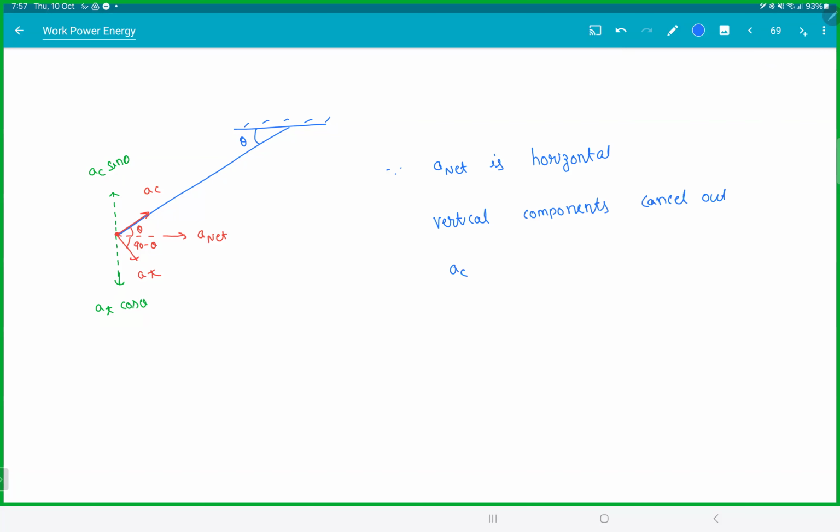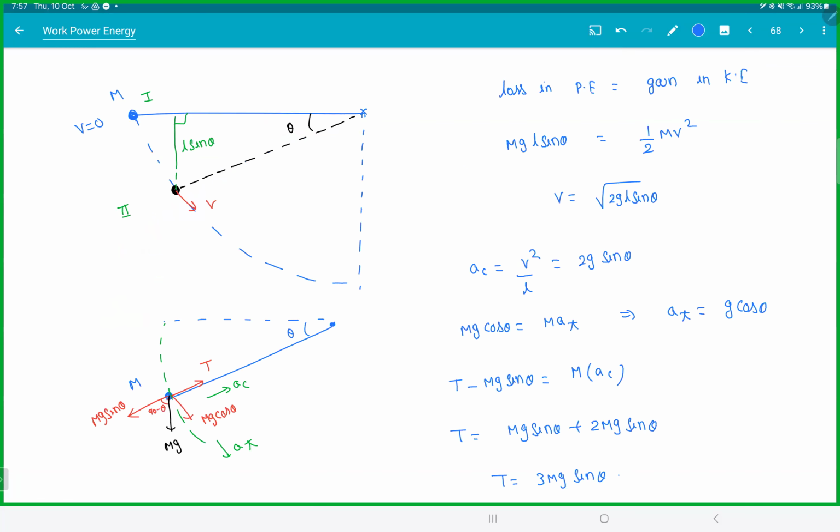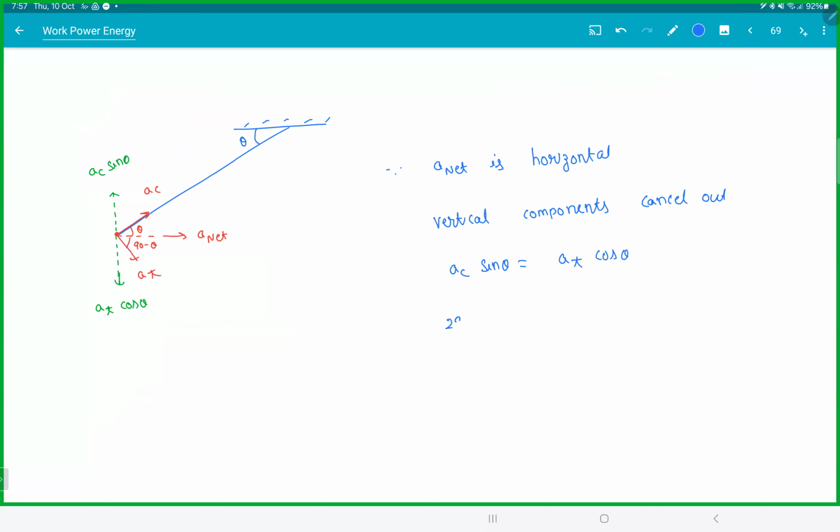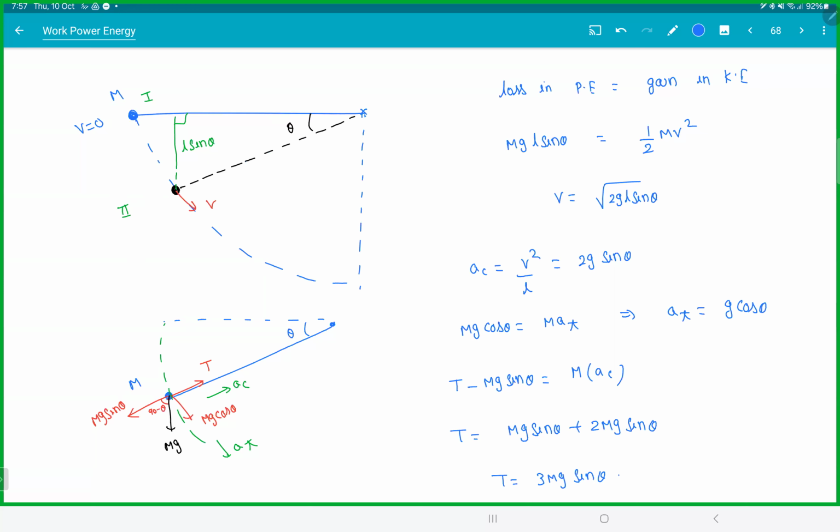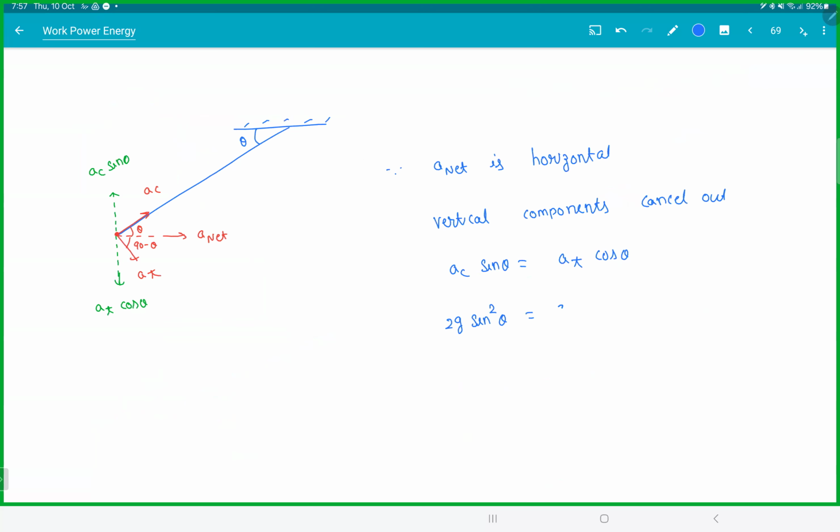This turns out to be A centripetal sine theta equals A tangential cos theta, but A centripetal is 2g sine theta and A tangential is g cos theta. We get tan theta is 1 by root 2.